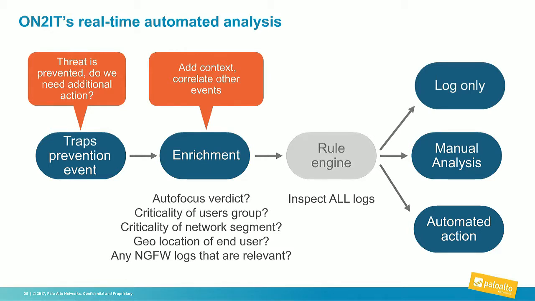So we can learn from each other. That's the intelligence that Palo Alto gives us there. So we query AutoFocus, and we know what kind of malware we're dealing with. Unit 42 does a fine job of classifying those. We know this is malware which is targeted at the banking industry.